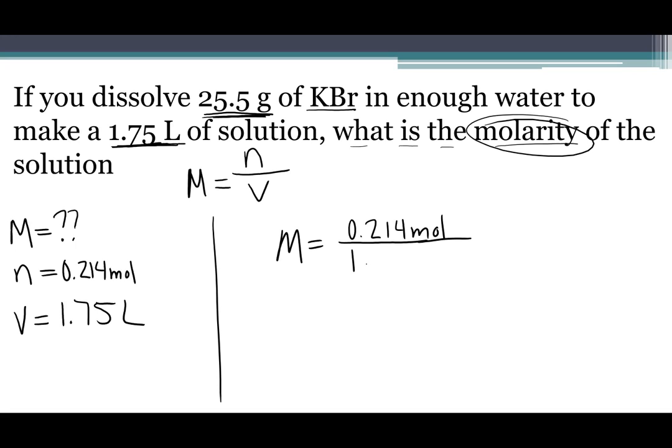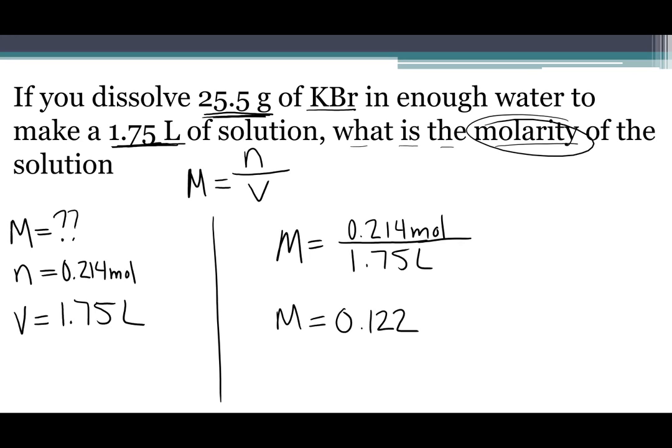Volume on the bottom, 1.75 liters. So divide those two numbers: 0.214 divided by 1.75 and we get 0.122.